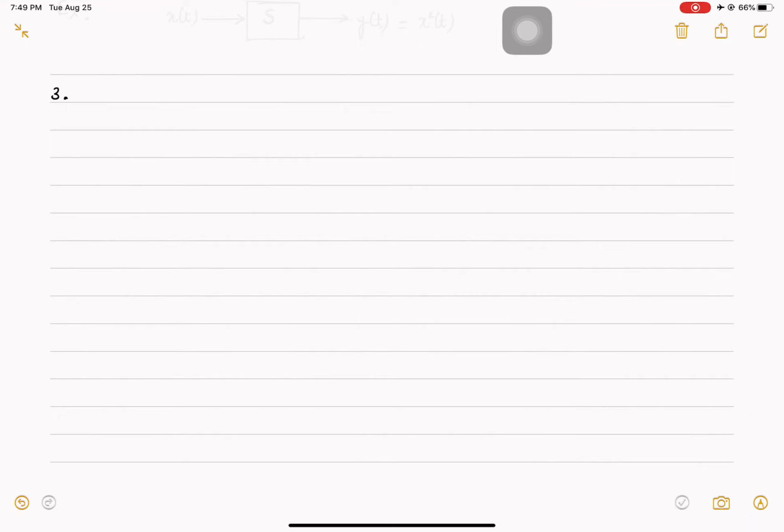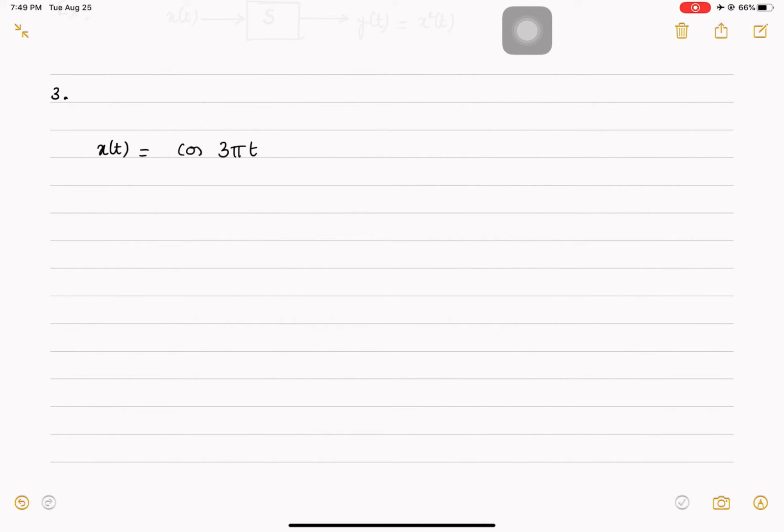So moving on. Before I define the property of time invariance, I want to tell you what time shifting is. Suppose I have a signal x of t equal to cos 3 pi t.